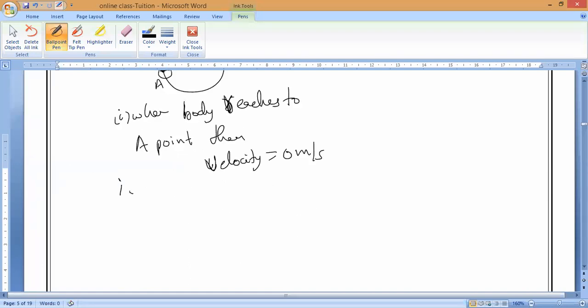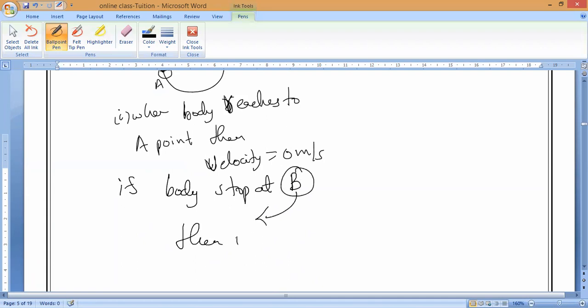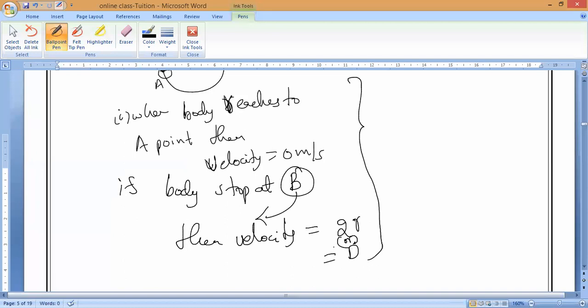Now, if the body stops at point B, then velocity is equal to what? It is 2R, which is the diameter. Okay? Understand? Understood, sir. Diameter.